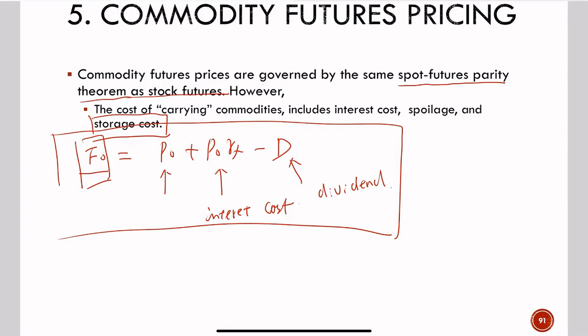And then we also have spoilage. It basically means that if you store wheat for maybe 3 months, maybe 0.5% will just expire. You cannot sell this wheat anymore. So this is called spoilage.